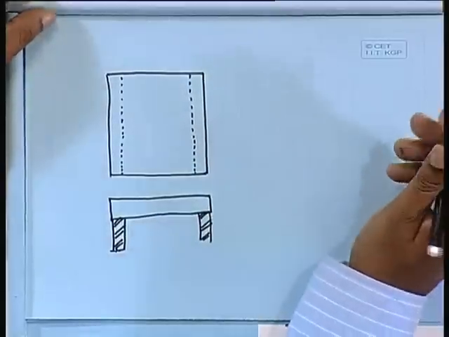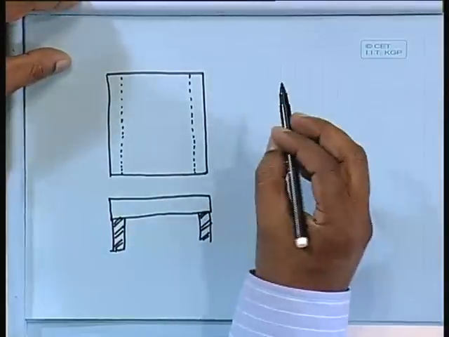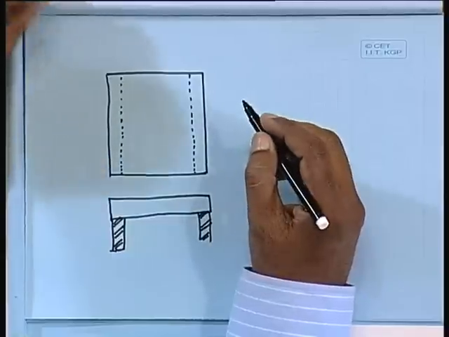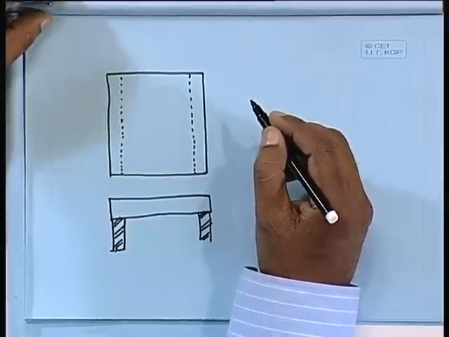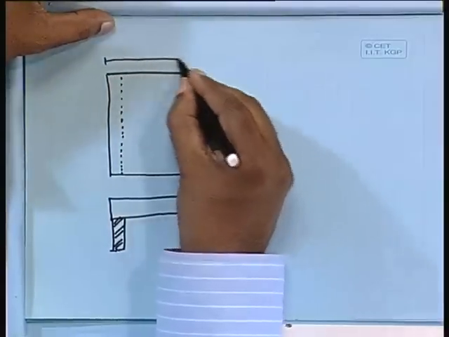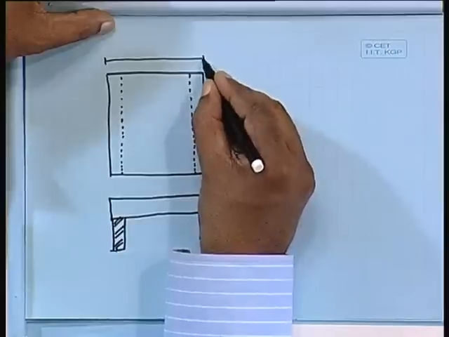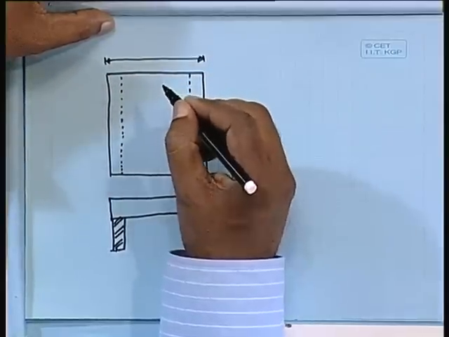What we shall do, we shall give one reinforcement. Our main reinforcement, how much we have provided? 10 torr at the rate of 150 millimeter center to center, and this is our span, that 3640, effective span 3640.